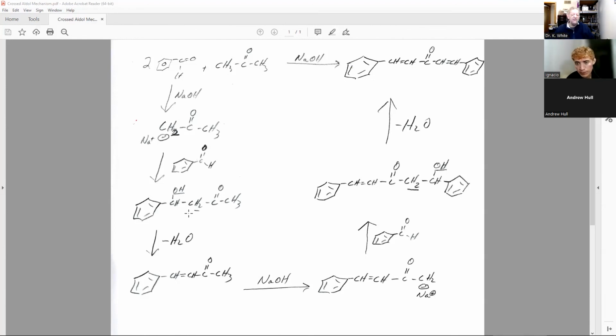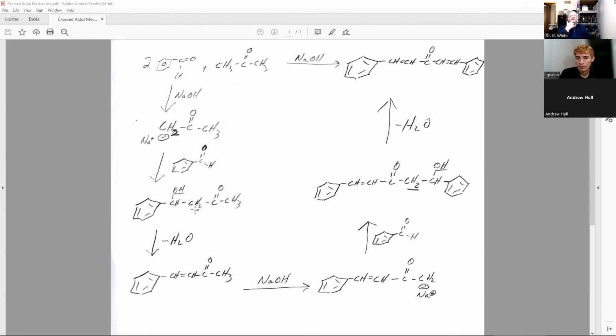Now, one of the things I haven't taught you is that when you have what's called conjugation, double bonds alternating single, double, single, double, and so on, that makes a molecule more stable. And if you can lose a small stable molecule to form conjugation, that will happen. And it does. Notice on the molecule we just made, I have on this carbon OH, on this carbon a hydrogen.